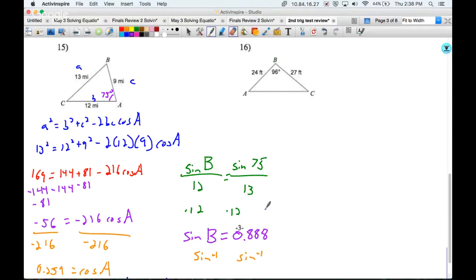Now I do the inverse sine. I get 62.6 degrees for angle B. 62.6, and now I can just do triangle sum to get the last one. So 180 minus 62.6 minus 75, I get 42.4 degrees.